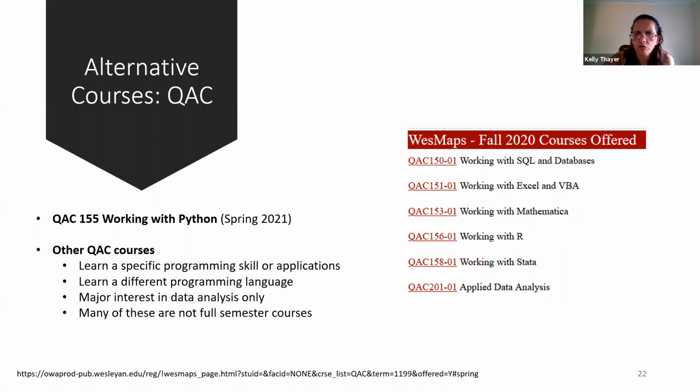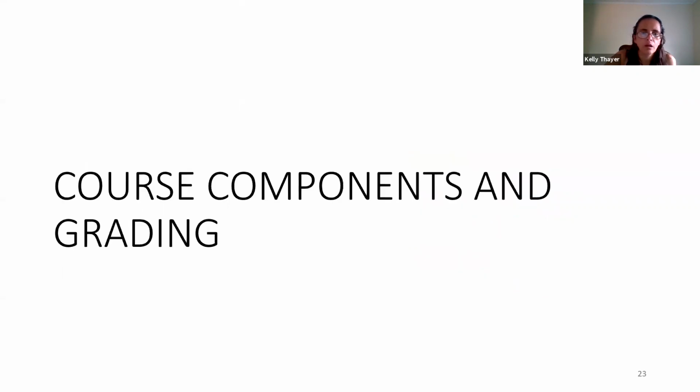They tend to be half-credit courses, and again, are just a bit more focused on skills acquisition than we tend to be in computer science, but could be an interesting thing for you to take. And even if you do take the 112 with us, you may want to consider taking one of these QAC courses at another point in time.